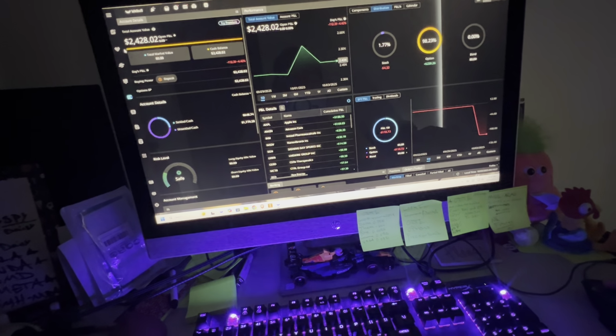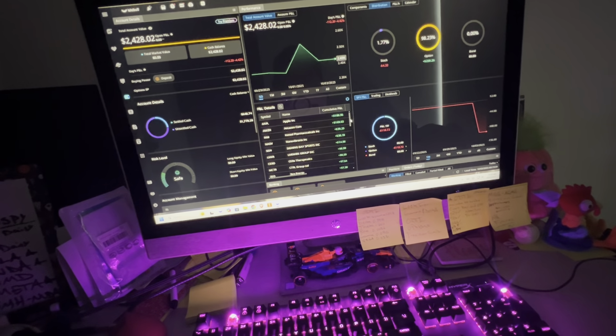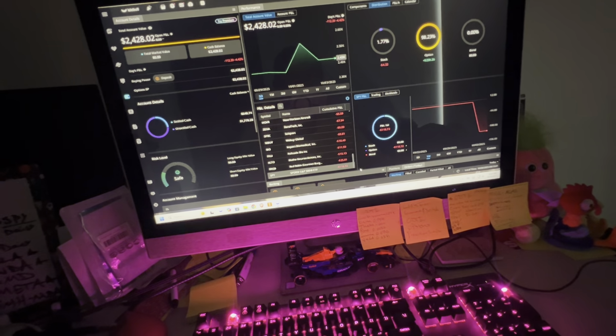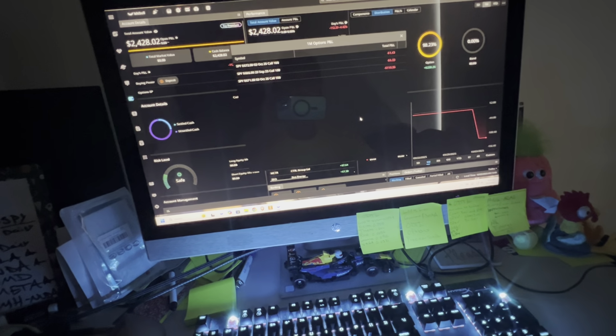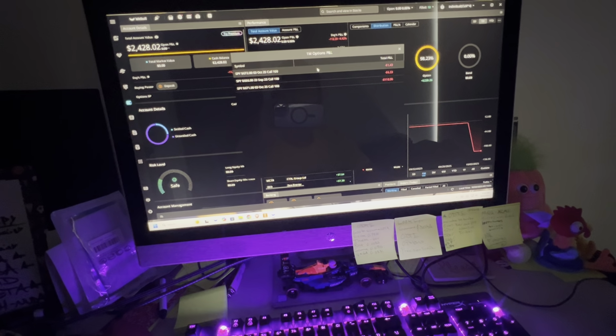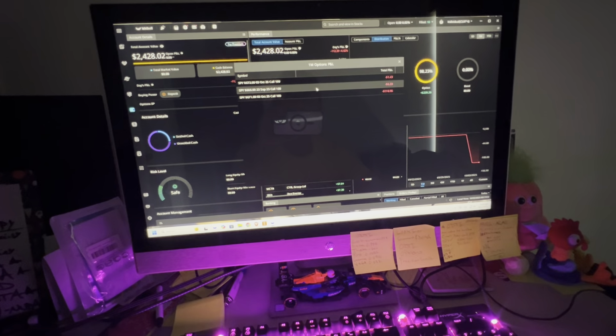Guess what happens? The market took back what it needed to take back, because of my mistake. So that's kind of how that works.